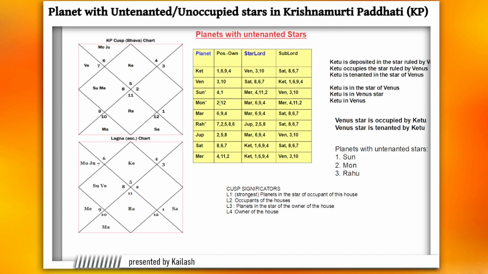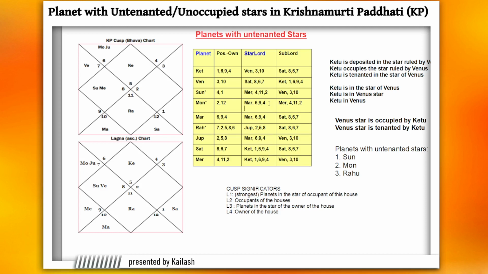So rather than writing the 12th house signification over here, you might want to write it somewhere like this. This helps you suggest that moon's signification for the 12th house is stronger. It's not on level 1. It's more like on the star lord level.